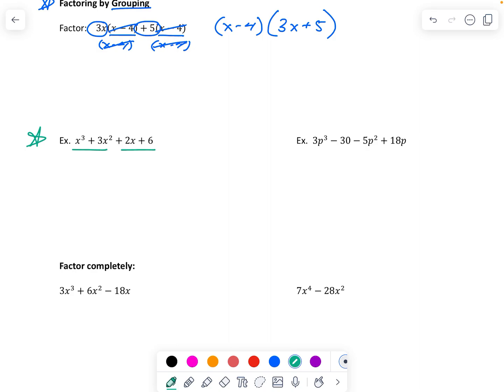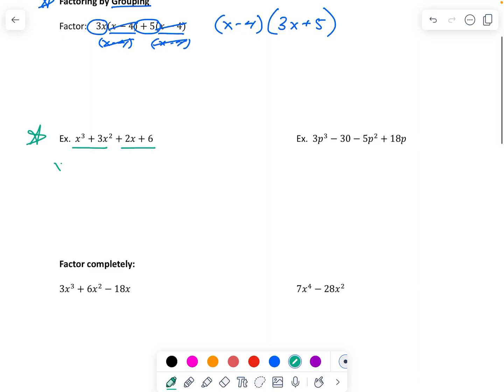From part 1, from the x cubed plus 3x squared, we're going to take out the greatest common factor. For that part, the greatest common factor would be x squared, and what's left is x plus 3. Now we're going to do plus. In this second part, the 2x plus 6, we're going to take out the greatest common factor and write what's left.